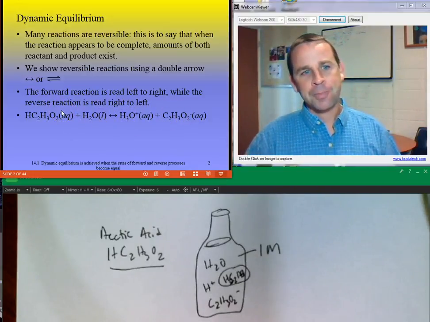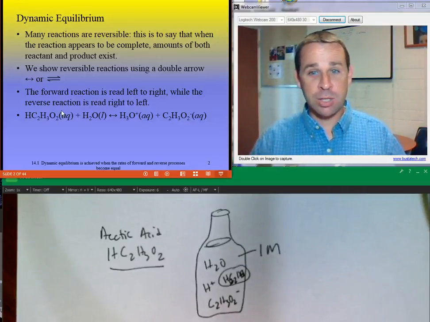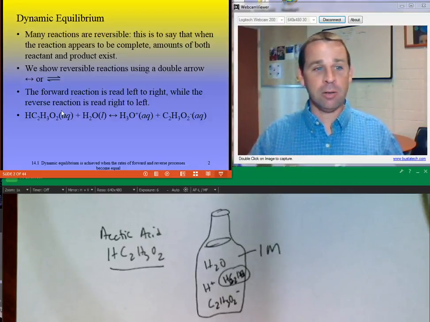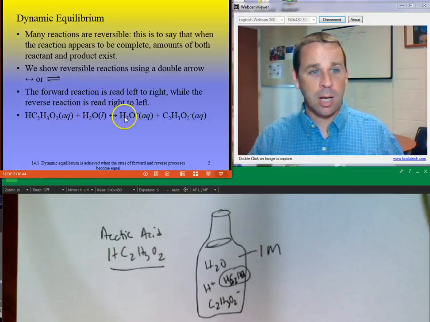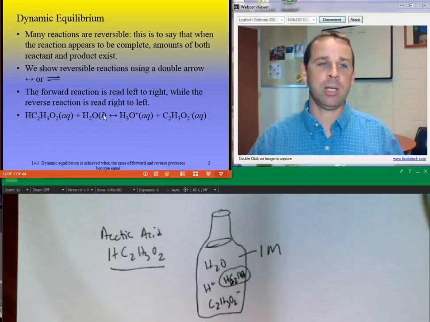The rates at which these reactions occur determine how much of the reactants and how much of the products, as drawn here, would be present at any one given time.